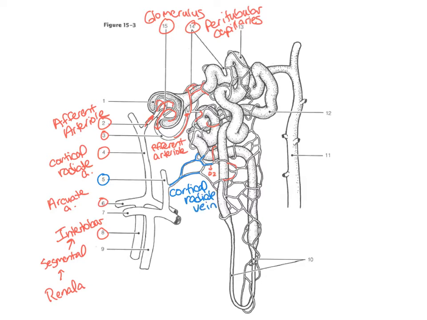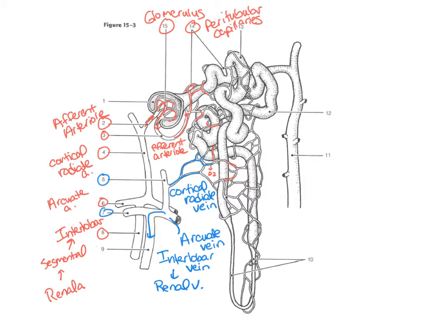The cortical radiate vein then drains into the arcuate vein. The arcuate vein then drains into the interlobar vein. And then there is no segmental vein, so the interlobar vein drains into the renal vein.